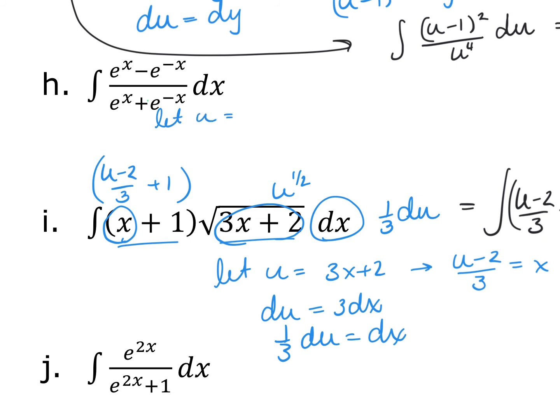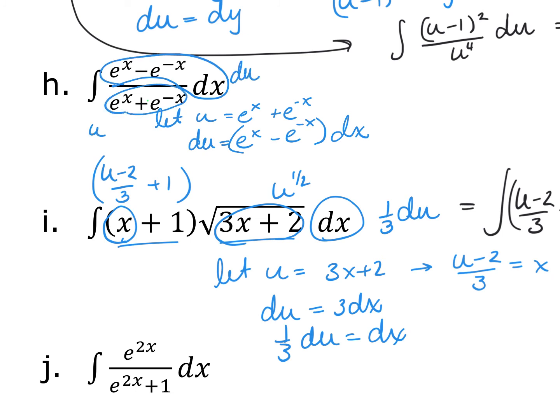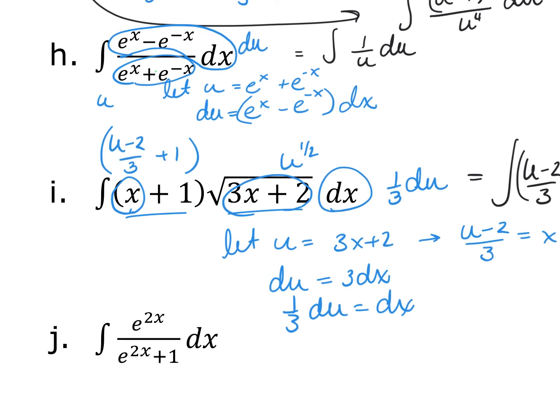It's usually a good choice to start out with. e^x + e^(-x). du is (e^x - e^(-x)) dx. Ooh, this is nice. So this gets replaced with du. This gets replaced with u. And so my integration just becomes 1/u du. And so I'll let you finish that off.